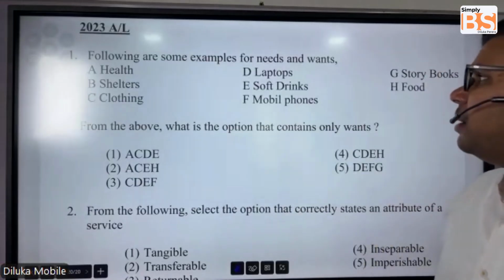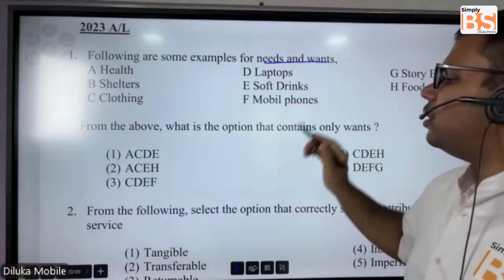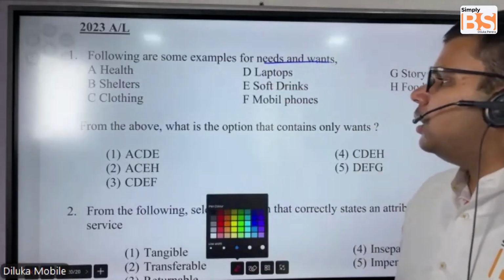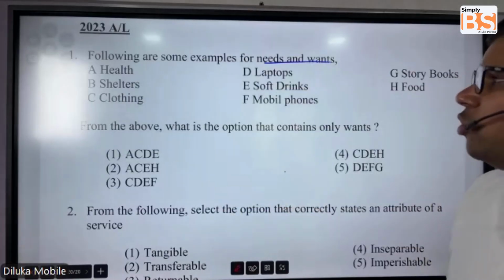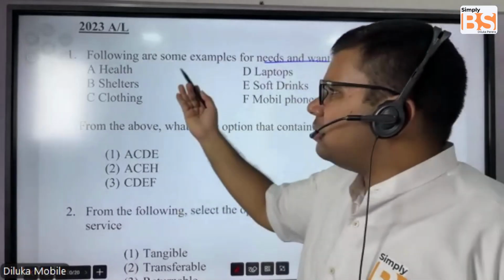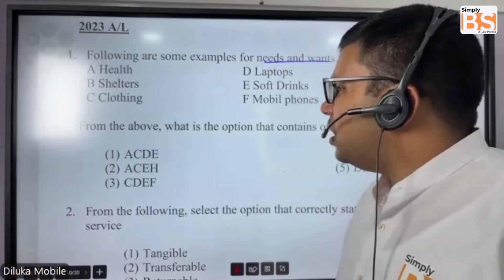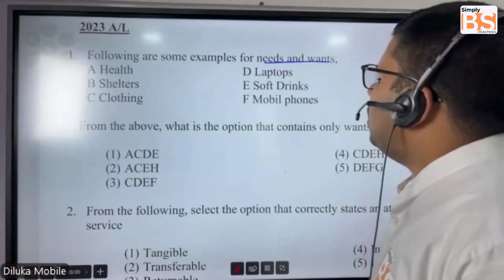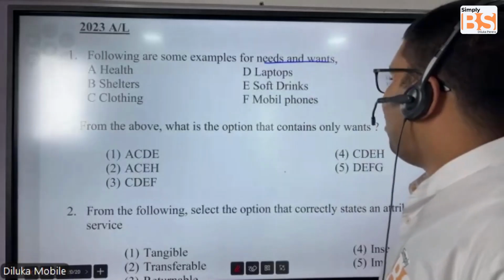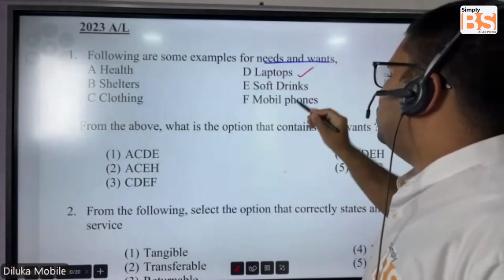Following are some examples for needs and wants. From the above, what is the option that contains only wants? Health is a need. Shelter is a need. Clothing is a need. Laptops are a want.